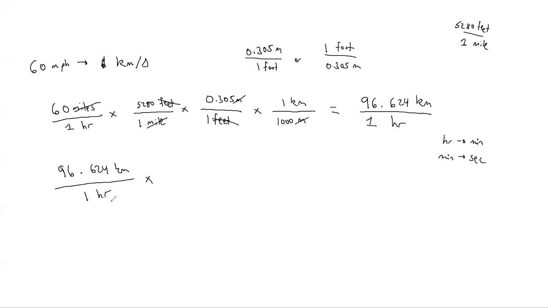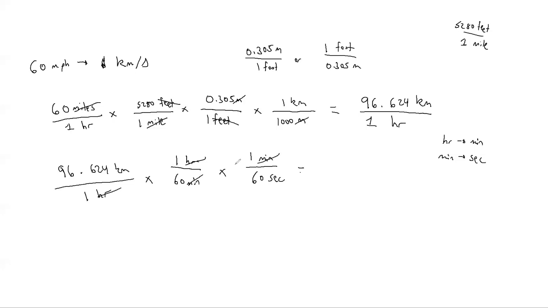So if I have hour in the denominator and I need it to cancel out, I need to put it up in the numerator, 1 hour per 60 minutes. And so this cancels out. And then I have minutes in the denominator. I need that to cancel. So that means I have minutes up top and seconds on the bottom. All right.